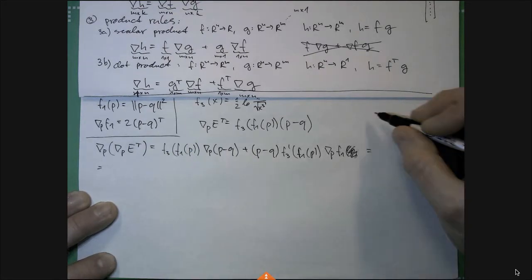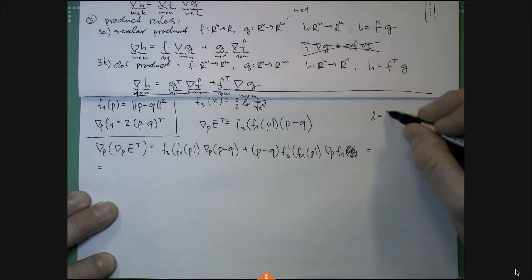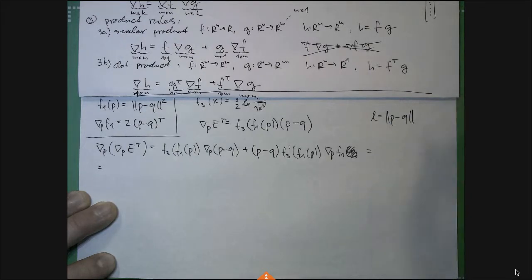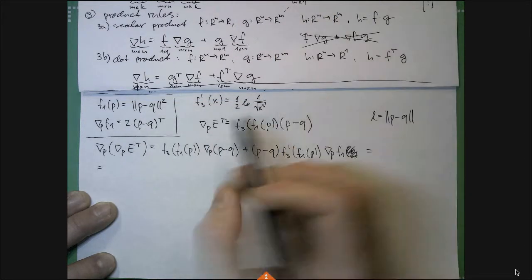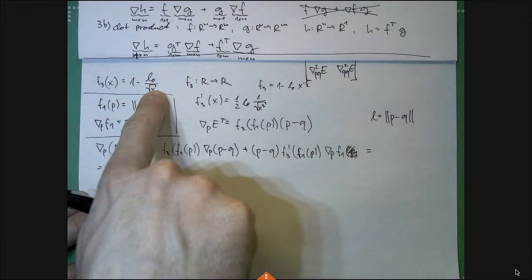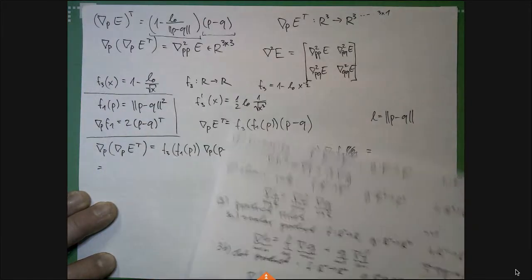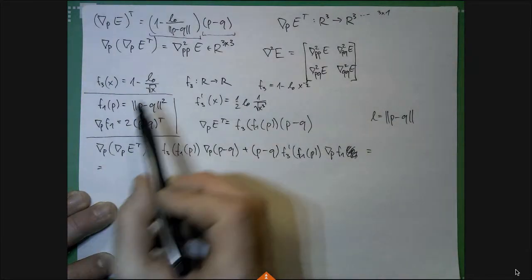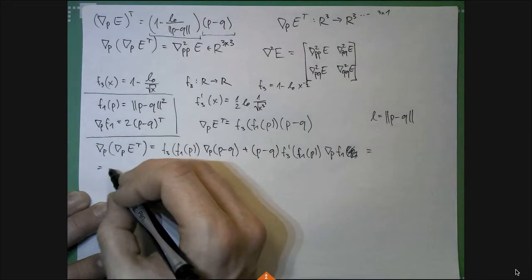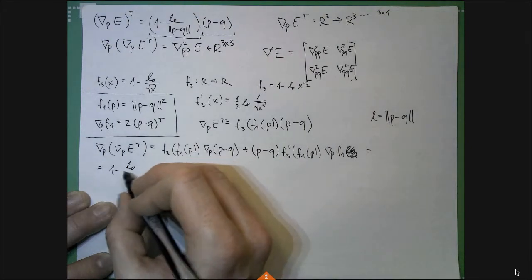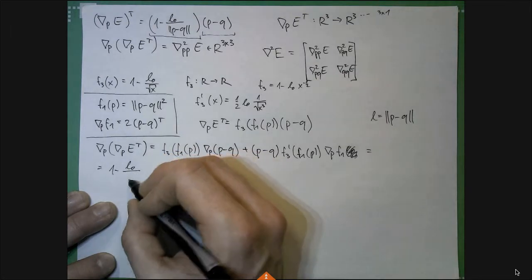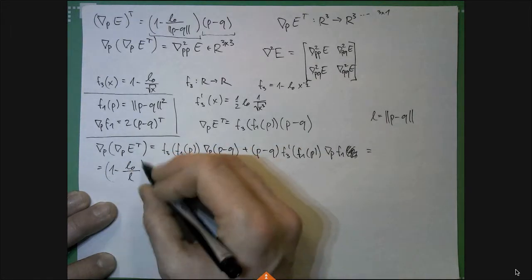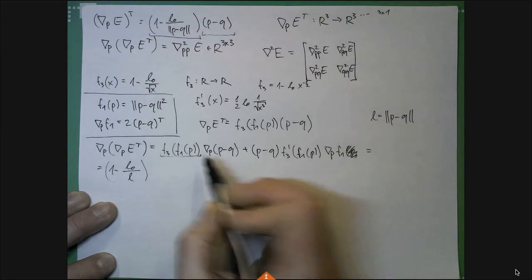So, again, let me use the shortcut that L is P minus Q. So F3, what is this? F3 of F1 P is 1 minus L0 divided by the norm of P minus Q, but that's L. Okay, so this is this part.